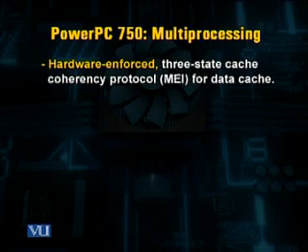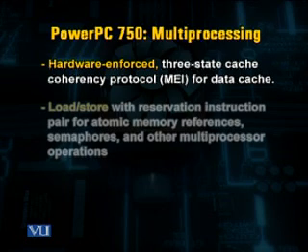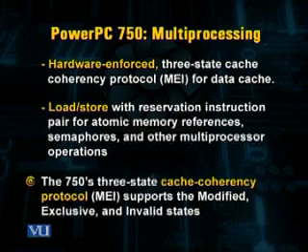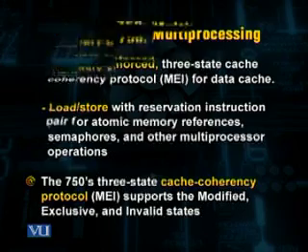The hardware enforcement is achieved by using 3-state cache coherency protocols for the data cache, and the load stores are used with reservation instruction pairs for atomic memory references, semaphores, and other multiprocessor operations. The 750 3-state cache coherency protocol MEI supports M for modified, E for exclusive, and I for invalid states.